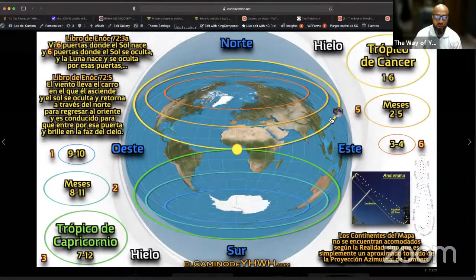So you see with the mouse, the sun comes from the east and shines to the west. And according to Hanok, goes north to go back to the east and rise again.